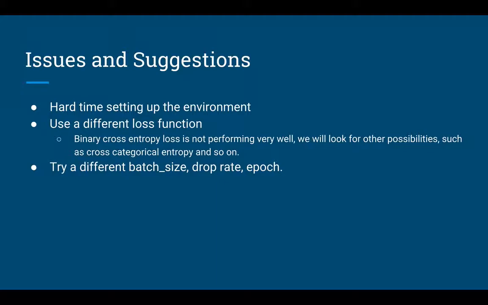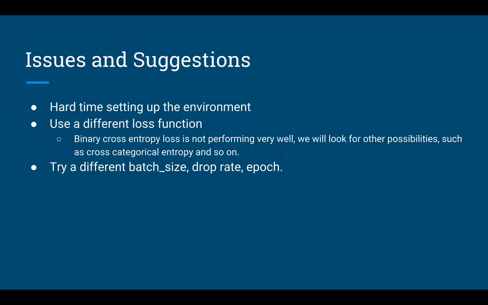And here are some suggestions. After getting an initial result, we decided to use different loss functions because we think that binary cross entropy loss is probably not going to perform that well. So we will be trying other possibilities such as categorical cross entropy and so on.